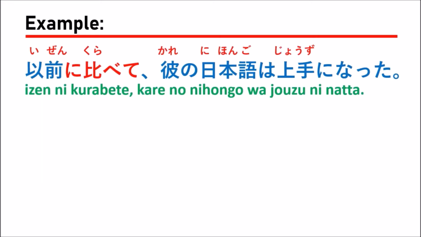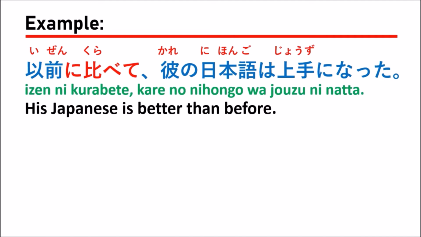Next example. 以前に比べて彼の日本語は上手になった。Which means his Japanese is better than before.